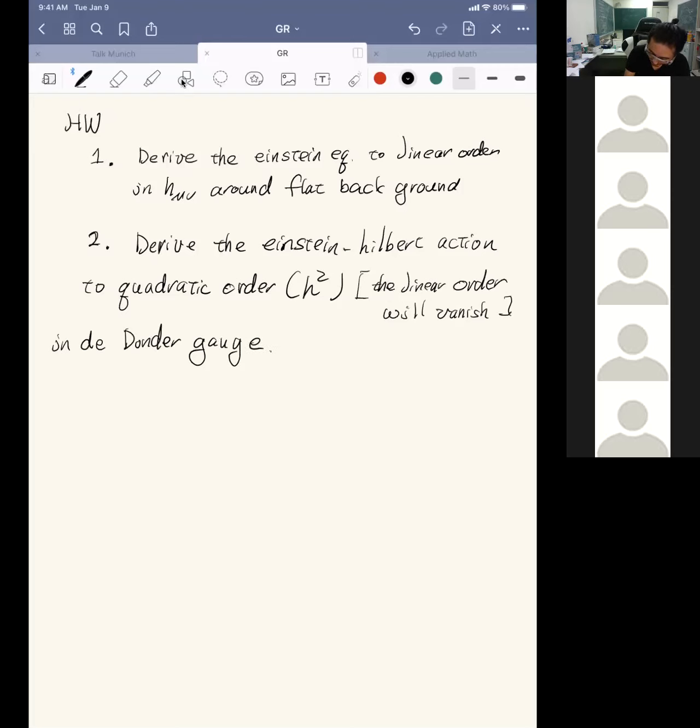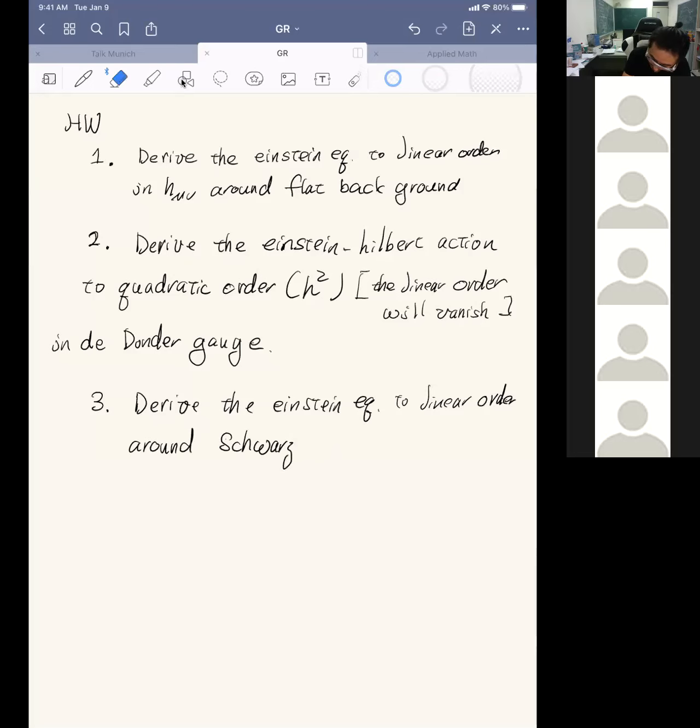Now the third problem is again to derive the Einstein equation, again to linear order, but this time around the Schwarzschild background. I've decided to break apart the projects into first a few series of homework.